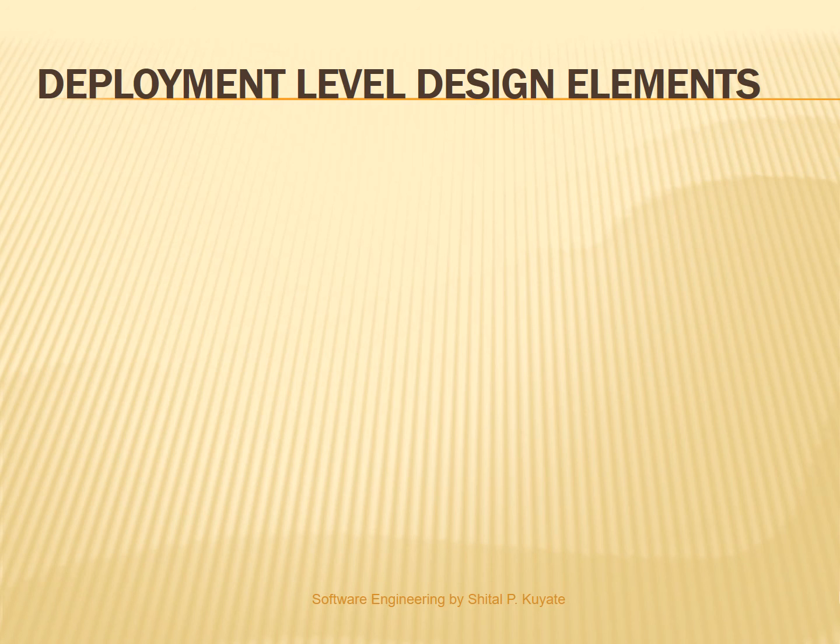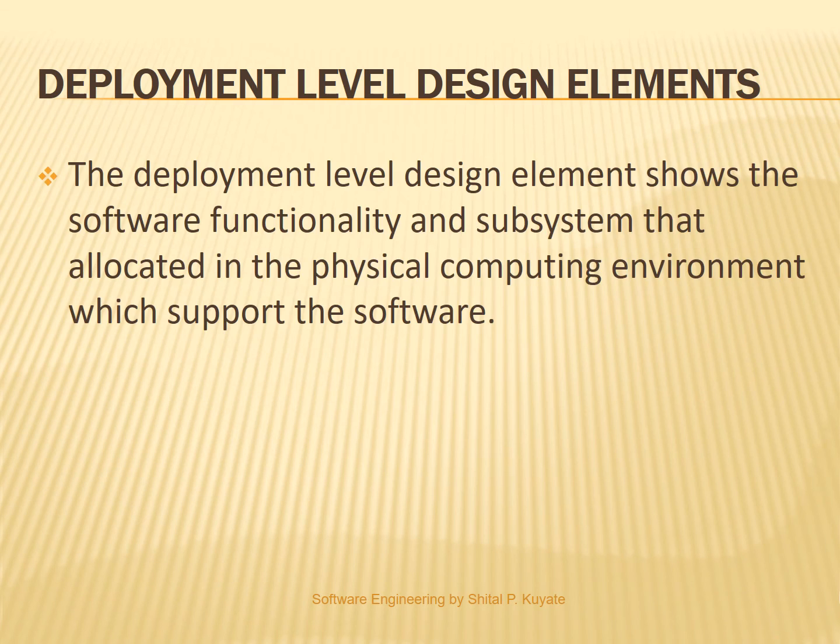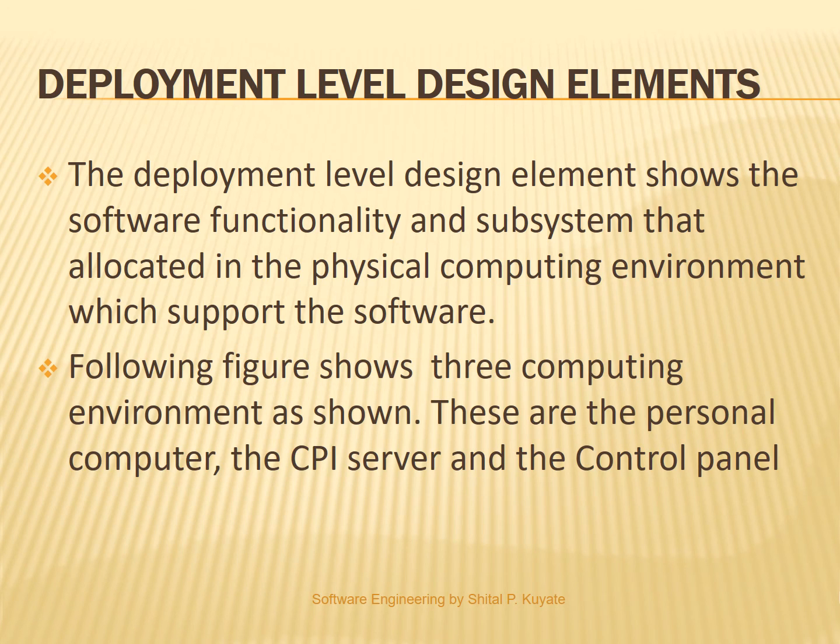Then the last element is the deployment level design elements. The deployment level design element shows the software functionality and subsystems that are allocated in the physical computing environment which supports the software. The following figure shows three computing environments. These are the personal computer, the CPU server, and the control panel.